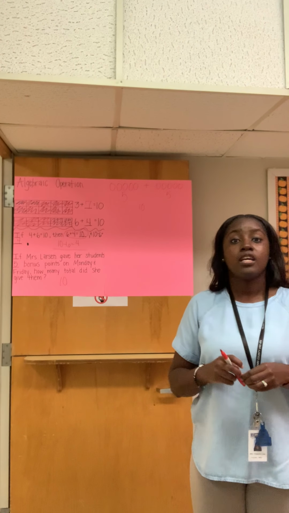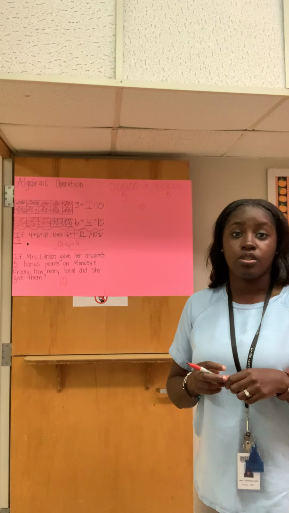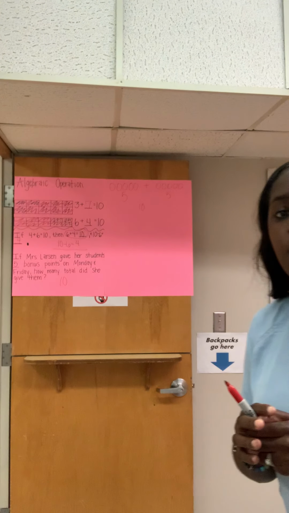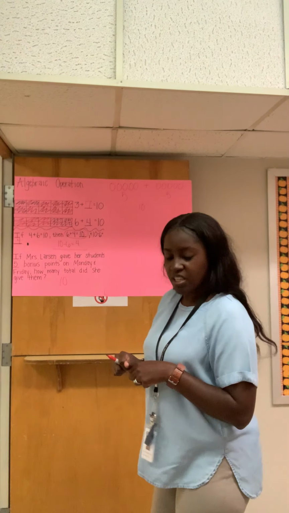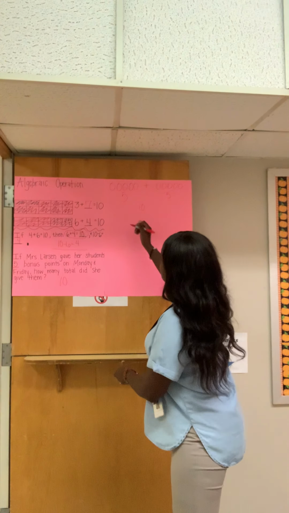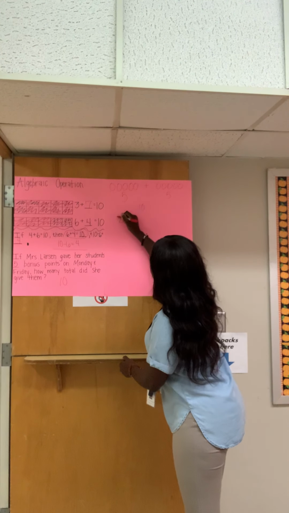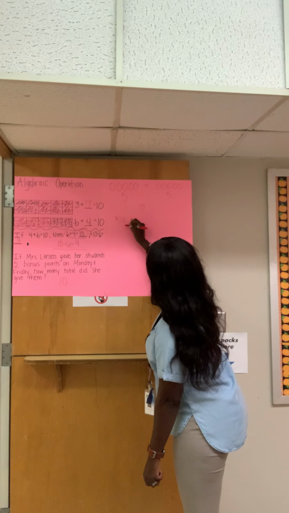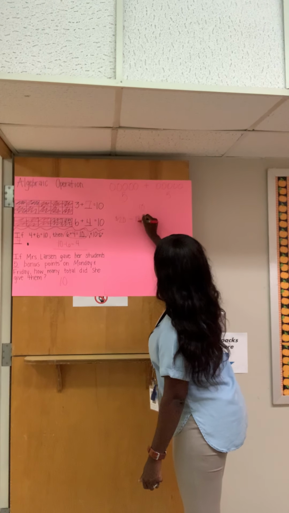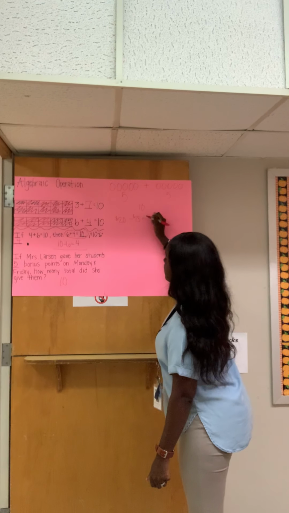Rome had a total of $20. She bought a book for $13. How much does she have now? She has $20, and we're going to subtract $13 to see how much she has.